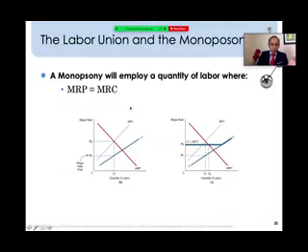A monopsony, which is a single firm, will employ a quantity of labor, say teacher labor, where the marginal revenue product of that labor is greater than or equal to the marginal resource cost of the labor.